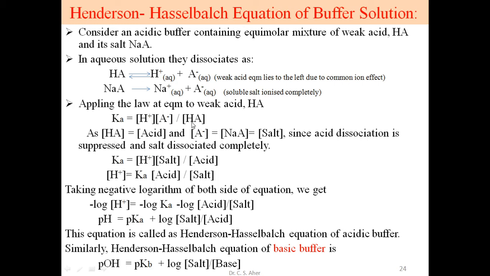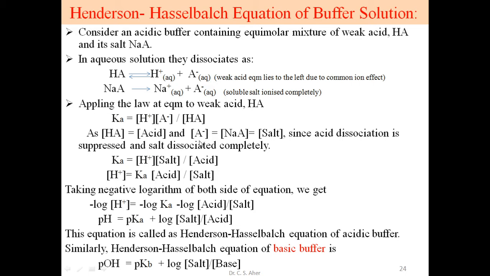HA is the acid concentration, and A- comes from the complete ionization of the salt. So A- is the salt concentration, that is the NaA concentration. Since acid dissociation is suppressed and the salt dissociates completely, this complete dissociation provides the A- ion.